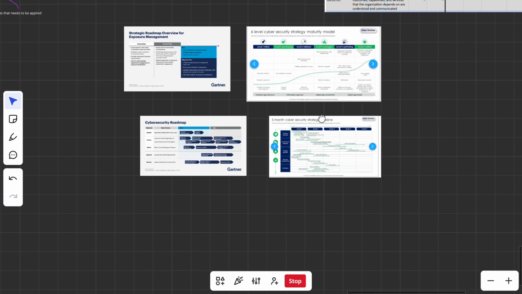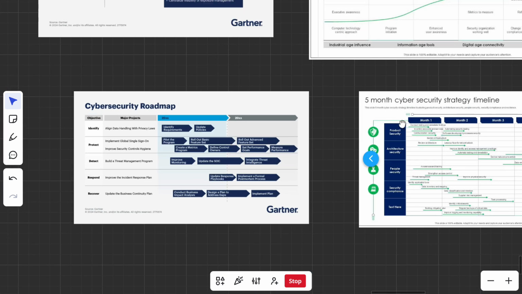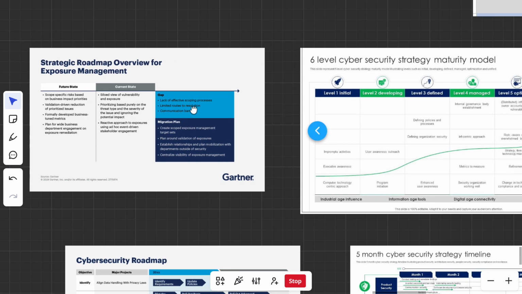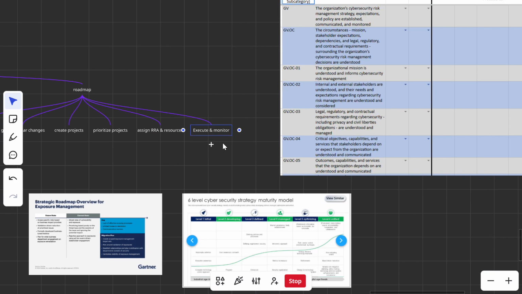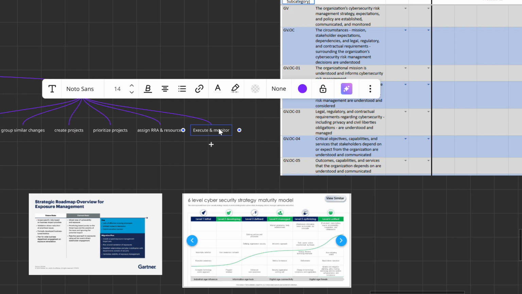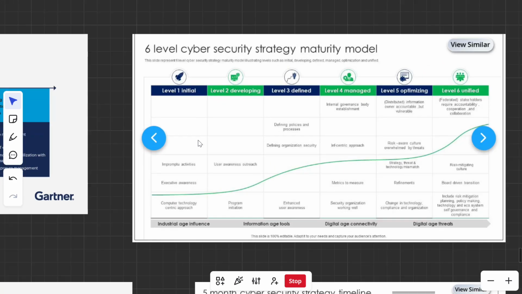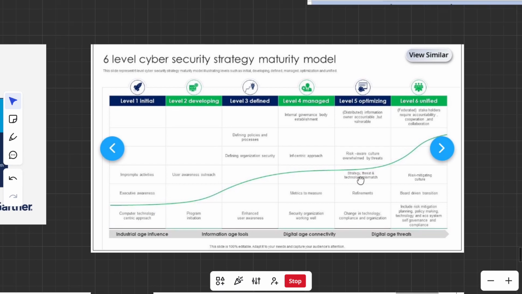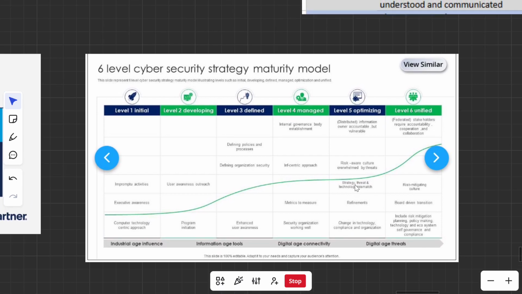And of course, once you have this roadmap, you are going to execute it and monitor it. You're going to say, all right, these are the KPIs, this is the due date, this is the reporting, this is the metric, these are the expectations. Execute it and monitor it. Some things I have added here are the different maturity requirements. Maturity requirements are the levels at which you are achieving.